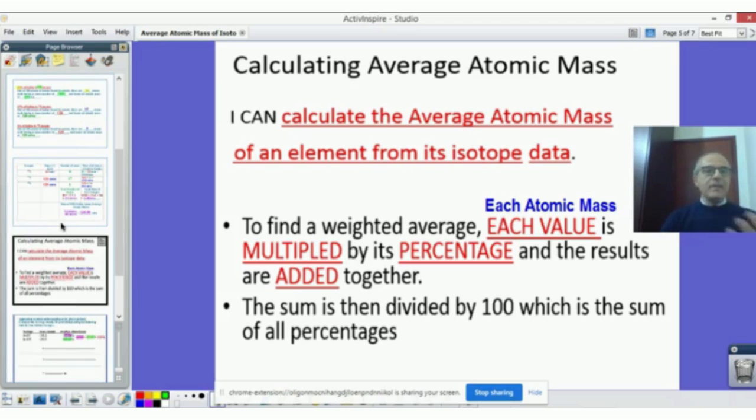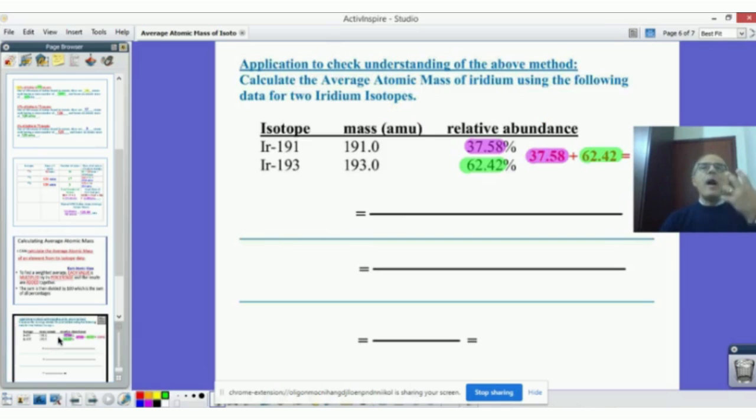After completing this conclusion, after writing the rule, the students will be asked to apply it to check their understanding of the above method. They are required to calculate the average atomic mass of iridium using the following data for 2 iridium isotopes.